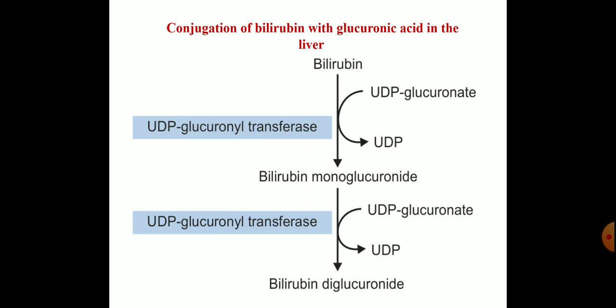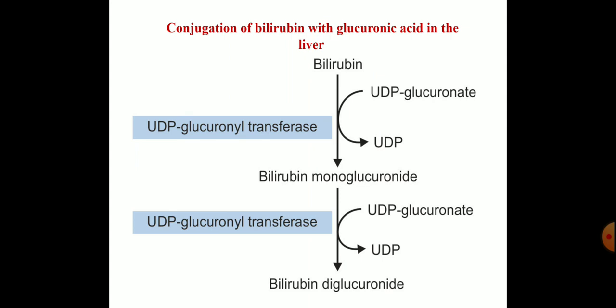Once the bilirubin is formed, it is transported to the liver, where it undergoes conjugation. In the process of conjugation, the hepatocytes of the liver produce glucuronic acid.